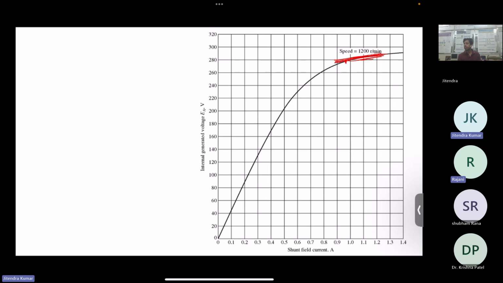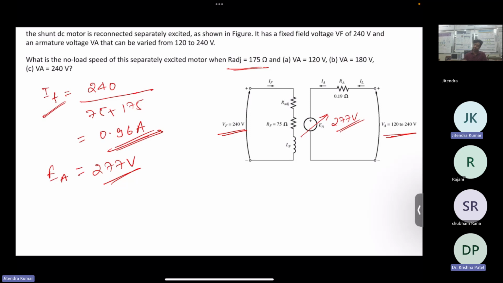And the other thing is that we are talking about no load speed, right?